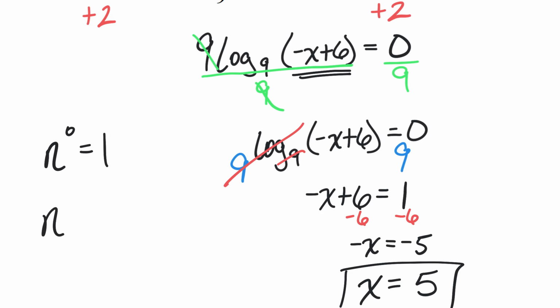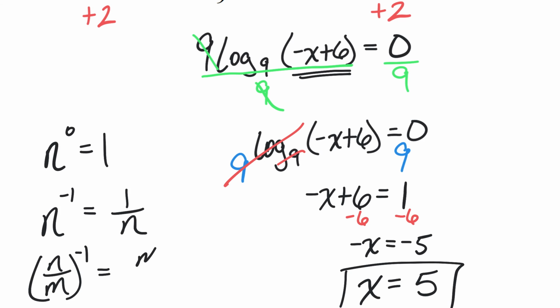If you take a number to a negative power, it is the inverse of that number. And if you were to take the inverse of a fraction, they both get flipped. So keep these little rules in mind as we work through.